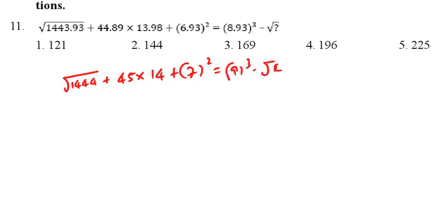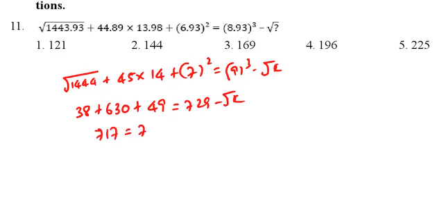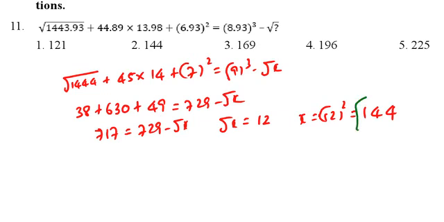What is root of 1444? 38 plus what is 45 into 14? 630 plus what is 7 square? 49 is equal to 729 minus root x. 38 plus 630 plus 49, that is 717 is equal to 729 minus root x. Root x is equal to 12, x is equal to 12 square, that is 144. So 144 is the correct answer. Option 2, 144.